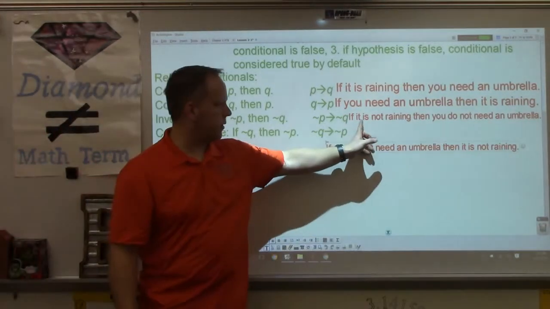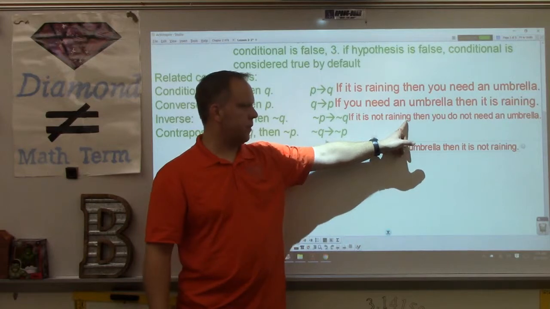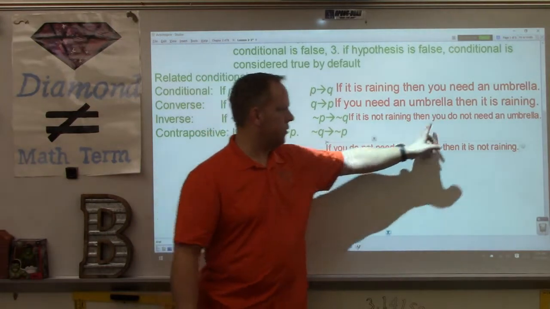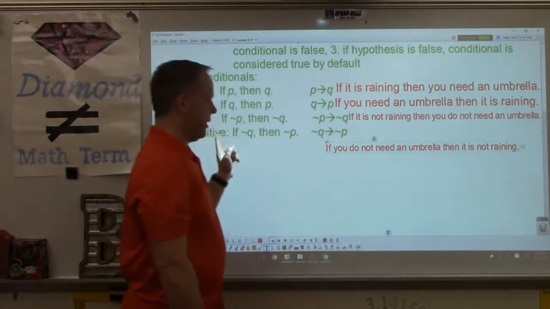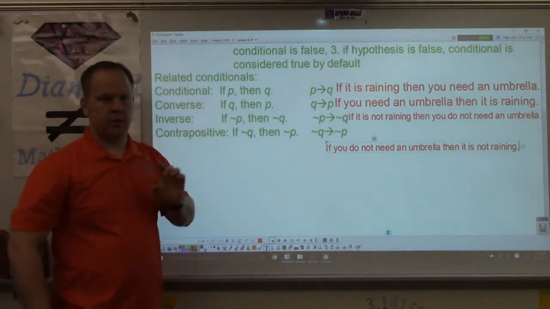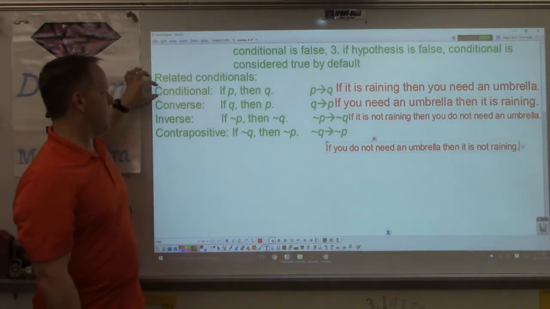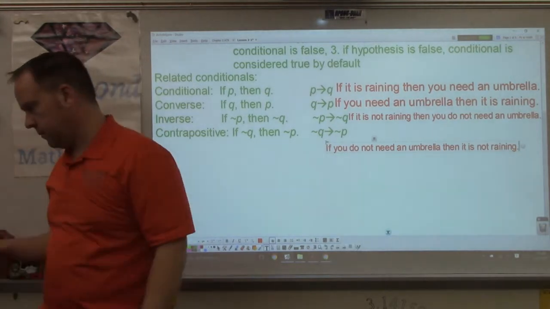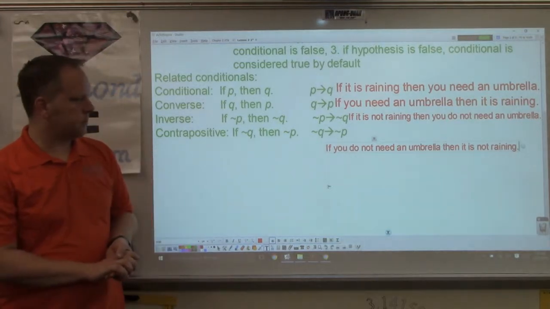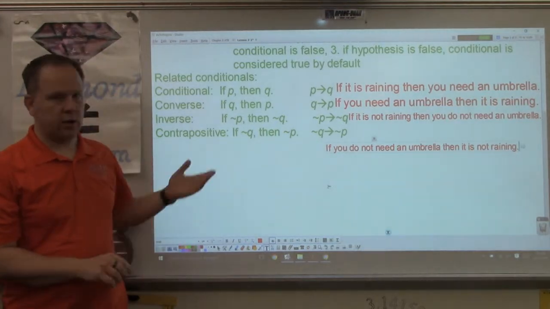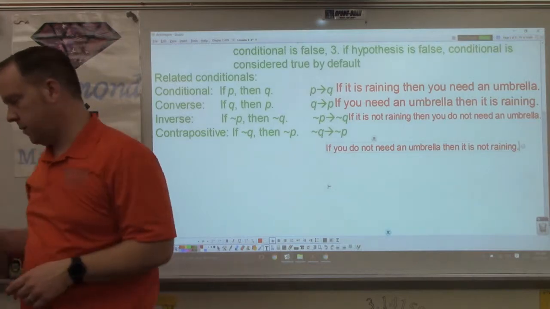Again, all I did was I took this, if it is not raining, and switched it with, you do not need an umbrella. I just took these and switched them to get the contrapositive. Those are the three relatives of the original conditional. Let's take a look at some examples and put this into practice.